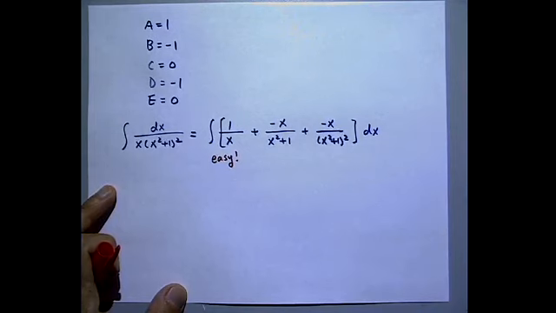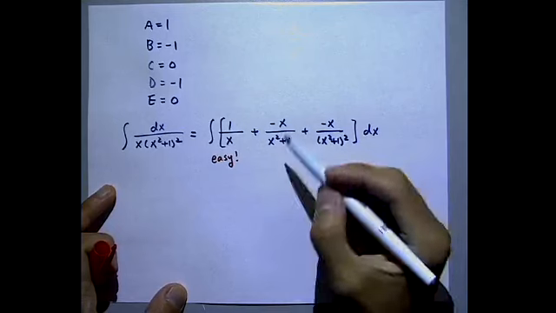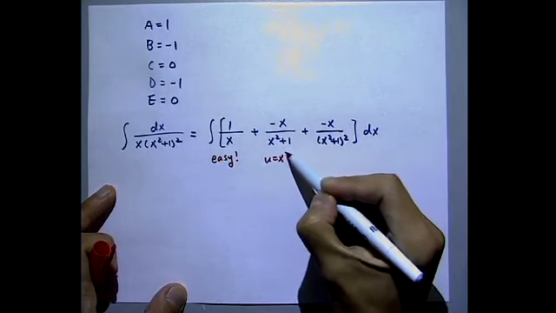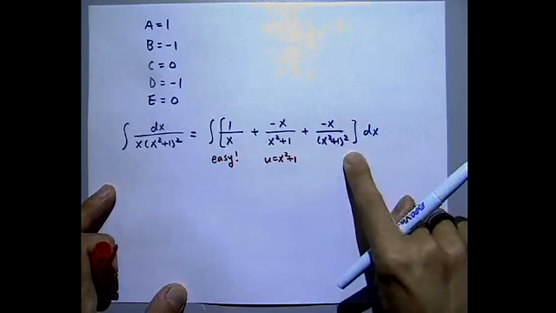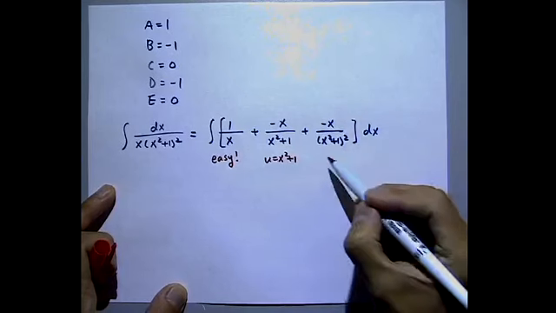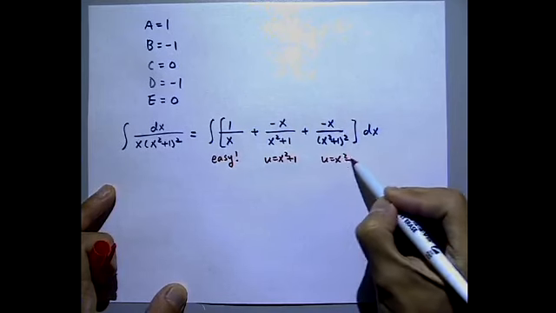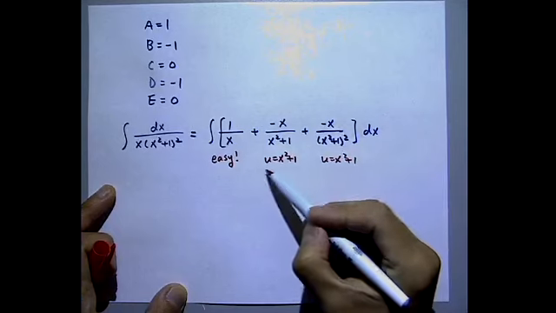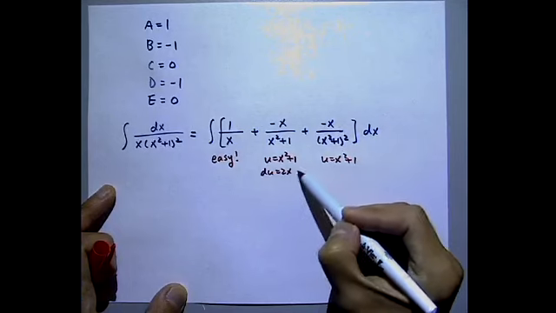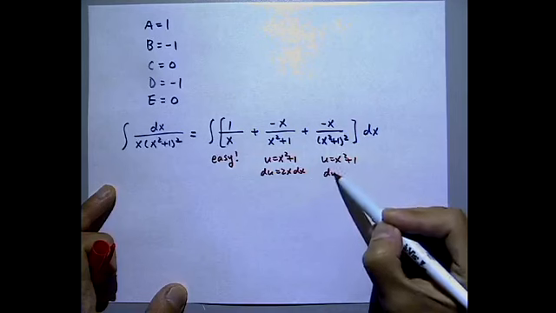Okay, easy or hard is not what I was asking, but how do we do it? Substitution, good. U equal to x squared plus 1, right? How about that last one? Same thing, exactly. So both of those can be done with a substitution.